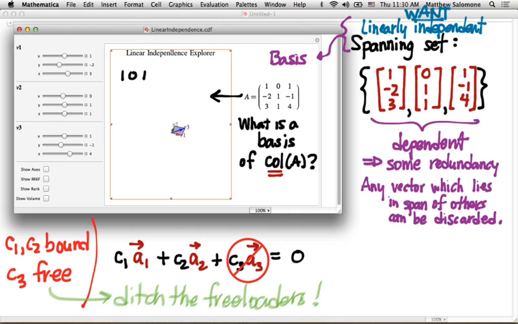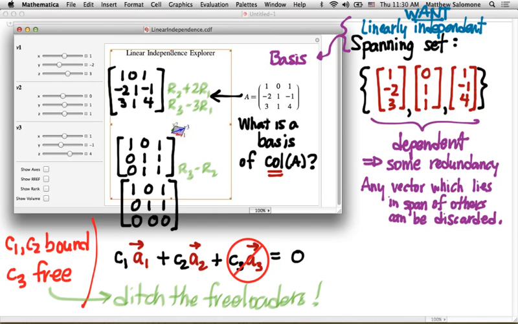So let's just zip through this row reduction. 3, 1, 4. So when the row reduction dust settles, here's a pivot, here's a pivot. But the third column is missing a pivot.